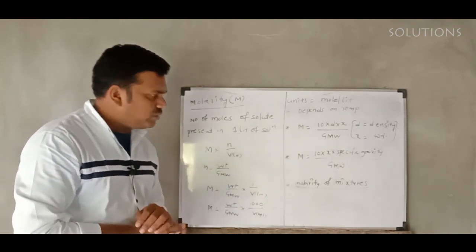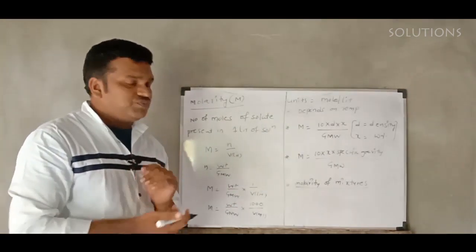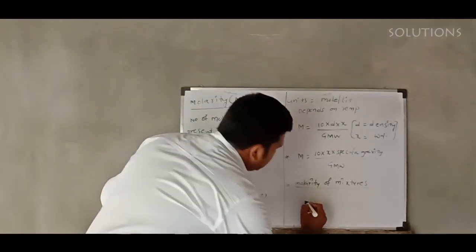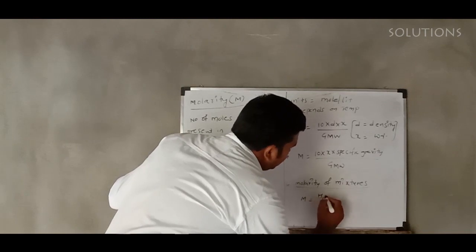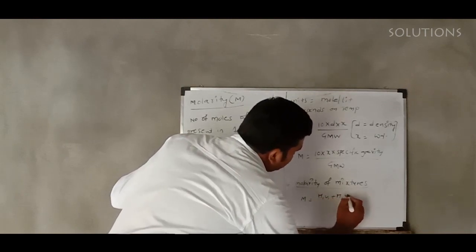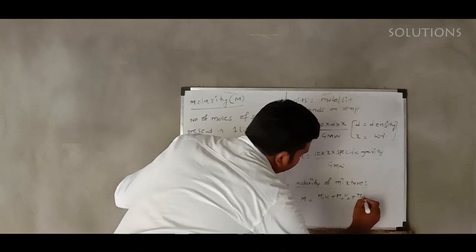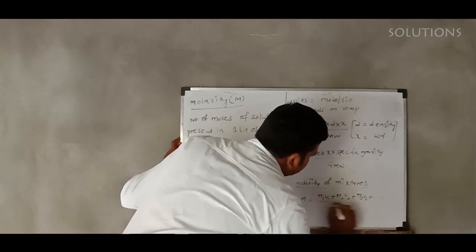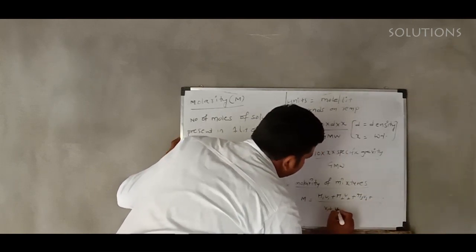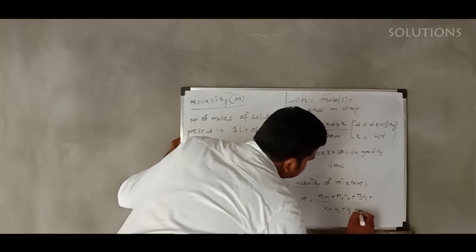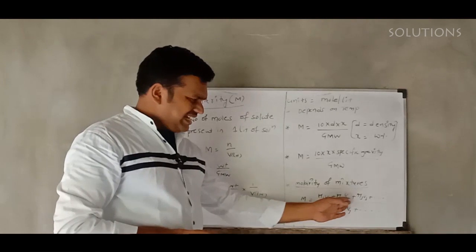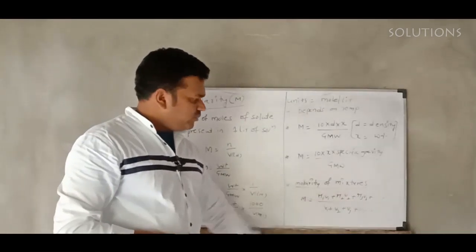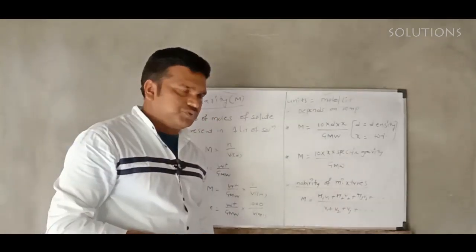In that case, we want to use this formula. M is equal to M1 V1 plus M2 V2 plus M3 V3 and so on, by V1 plus V2 plus V3 and so on. If two solutions are given, you can cut the formula up to M1 V1 plus M2 V2 by V1 plus V2.